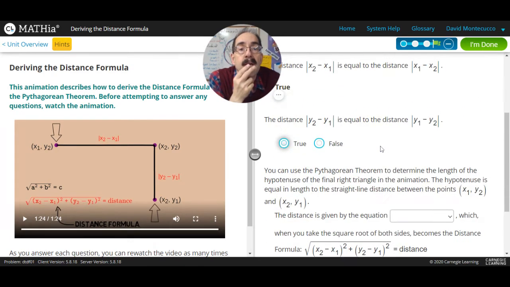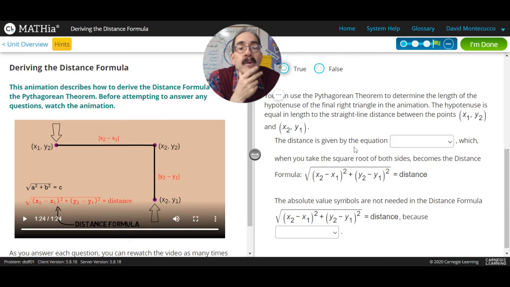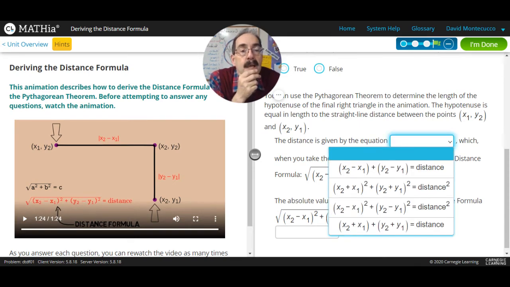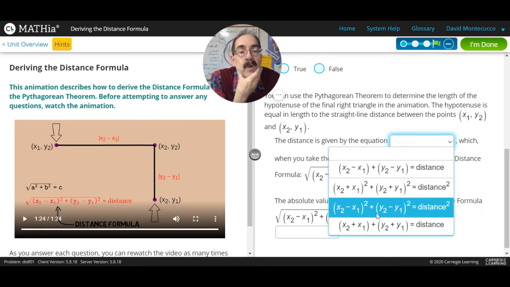Okay, so now we're going to use the Pythagorean theorem. The distance is given to us by the equation: this squared plus this squared equals this squared. Now we're subtracting to find distance. This minus this gives us the gap.